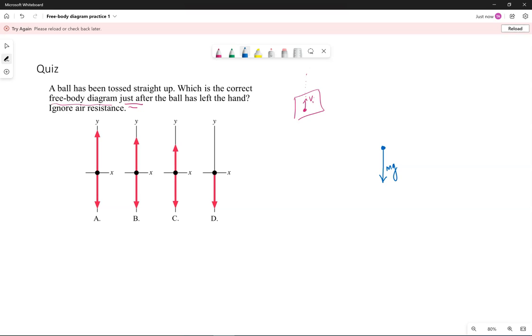In terms of recognizing any other forces, that would be due to some sort of contact. Since the problem is asking about after the ball has left the hand, our hand is no longer physically in contact with the ball. Therefore, we do not draw that force. This is our free body diagram. So D is our correct answer here.